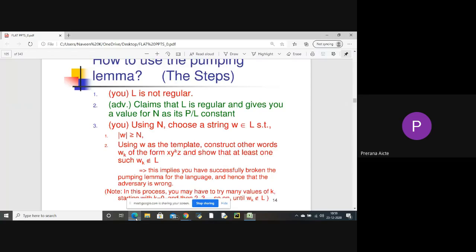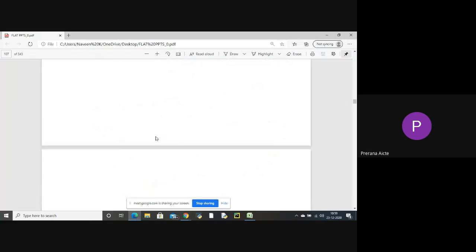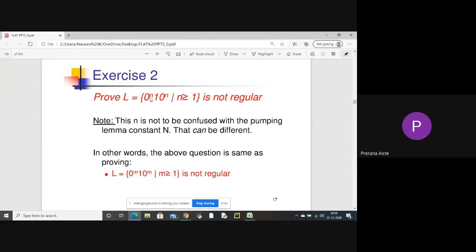Here the example: we have 0 power n 1 0 power n, where n greater than or equal to 1, is also not regular, because here we have a condition before 1 and after 1.